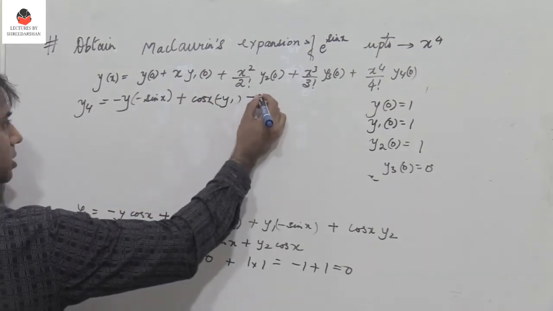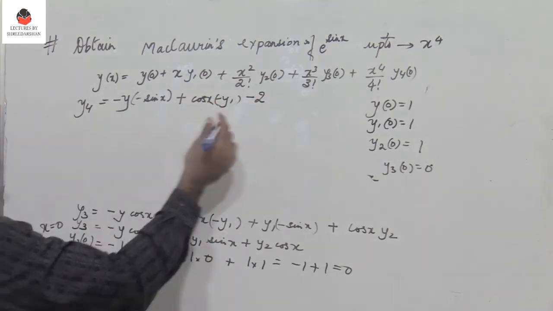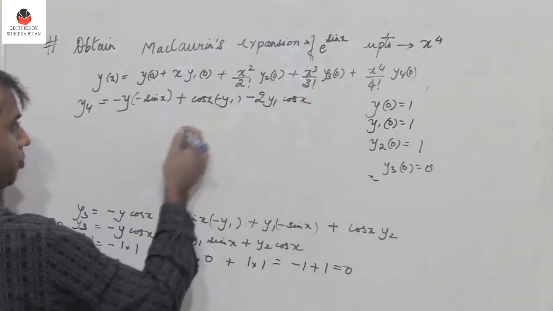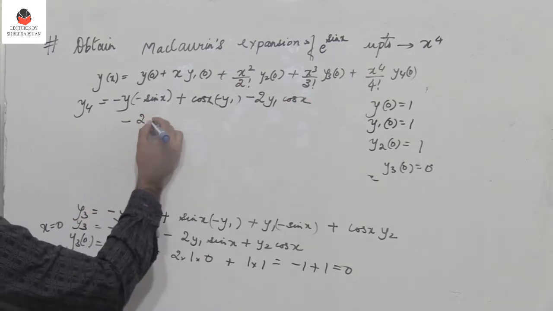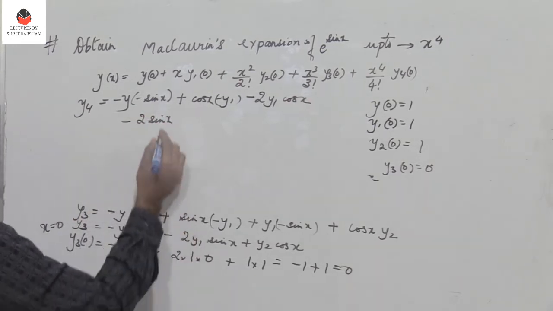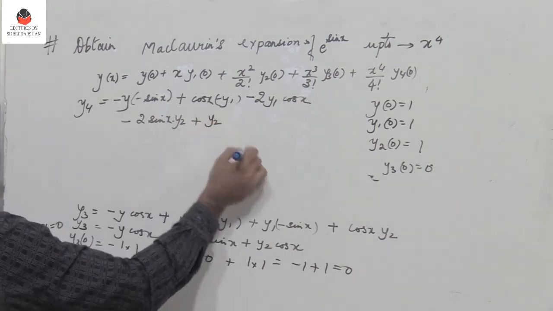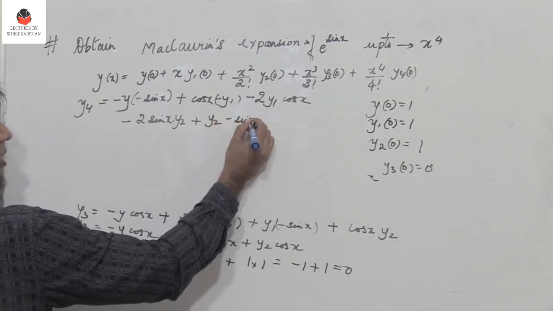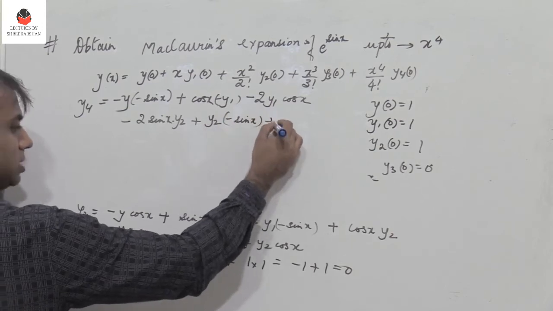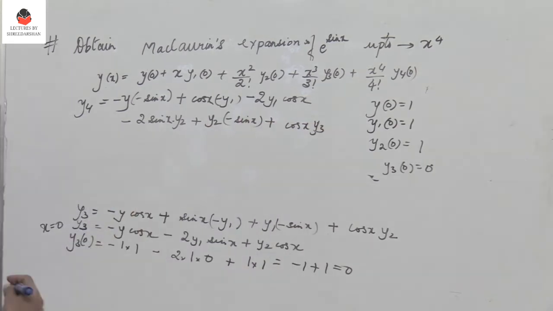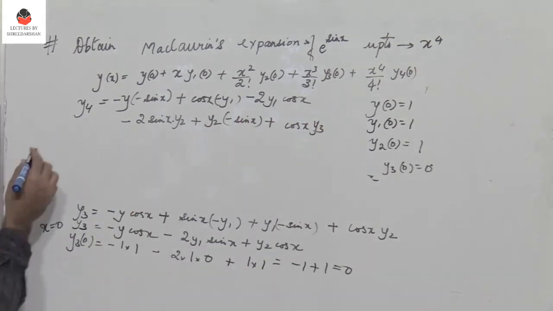Then you have minus 2 into y1, the differential of sin x is cos x, minus 2 sin x, the differential of y1 is y2, plus y2, the differential of cos x is minus sin x plus cos x, the differential of y2 is y3. So here you put x equal to 0.